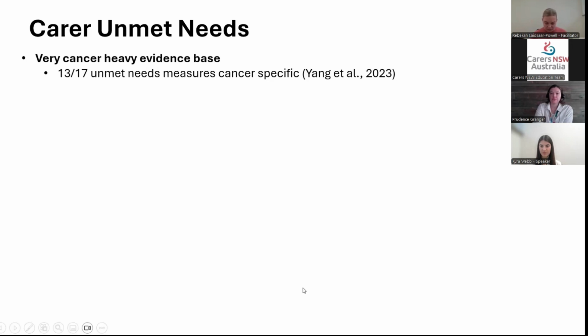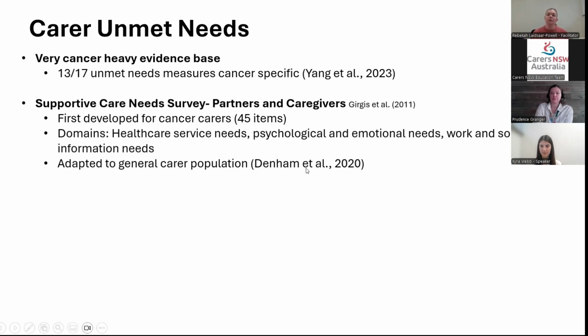So I had a look at some of the different systematic reviews of unmet needs measures, and what I found was what I suspected, which is a lot of them are cancer specific. So 13 out of 17 in a very recent systematic review were cancer specific unmet needs measures for carers. The one that is most commonly used in our work is the supportive care needs survey for partners and caregivers.